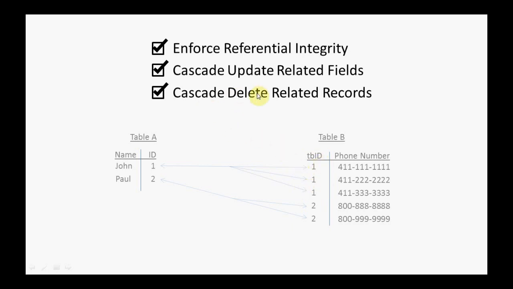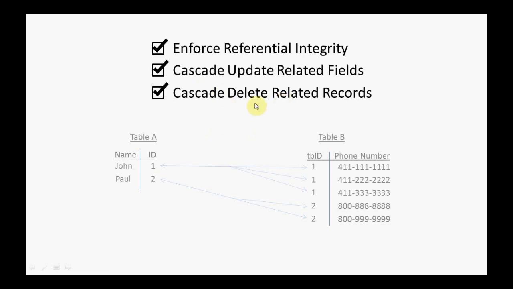Now if I have Cascade Delete related records selected, well, first of all, let's go over if I don't have it selected. And I come over here and I try to delete Paul, it won't let me. I have to come over to Table B, I have to delete each of the records that are associated with Paul first, one at a time, and then I can come over and delete Paul.